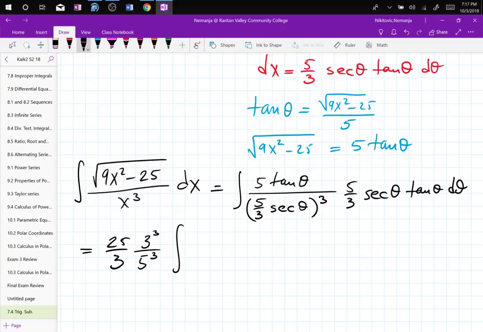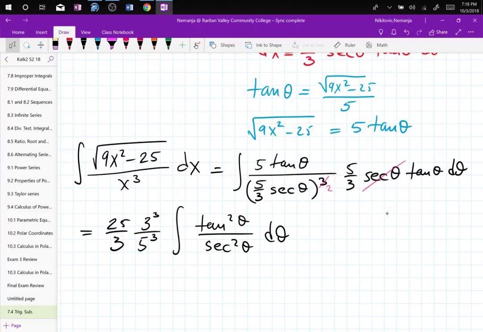Integral. I'll just kill one of the secants right away. And I have tangent squared theta over secant squared theta d theta. I hope this simplified what you guys had, right? Good.